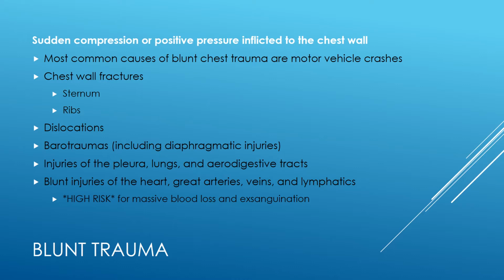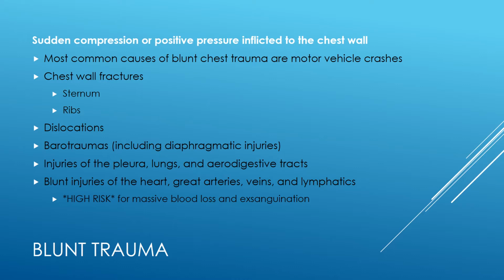When this occurs, you can end up with sternum and rib fractures, and possibly multiple rib fractures as well, and we'll talk about that in a little bit. Barotraumas are also under blunt traumas. Barotrauma can occur as a result of very high PEEP.